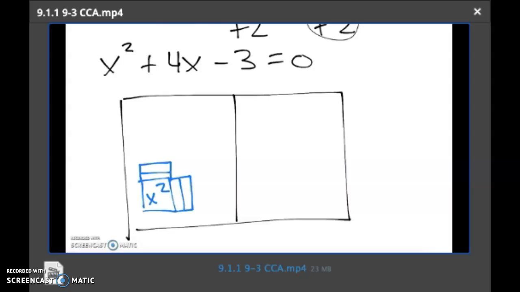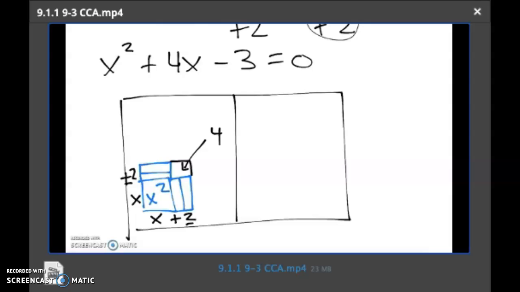I know right now that my dimensions are going to need to be x plus 2 times x plus 2. So that means this corner is going to have 2 times 2, so there needs to be 4 positive tiles there to complete that square.